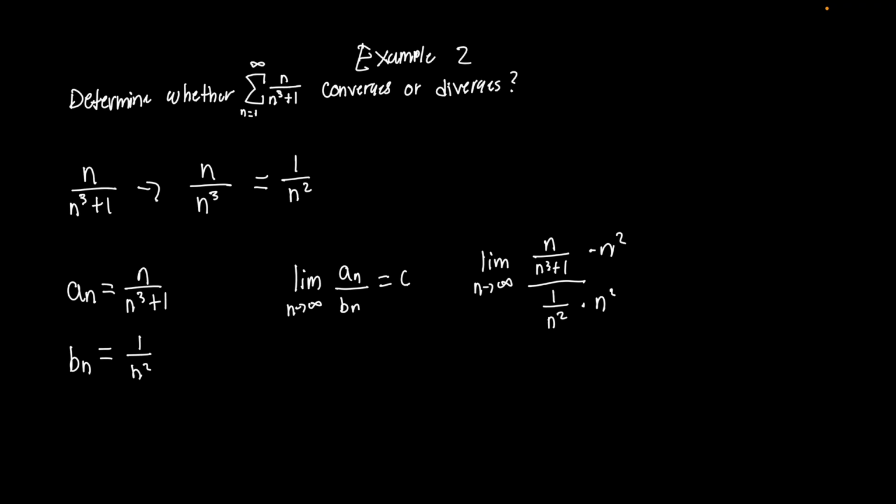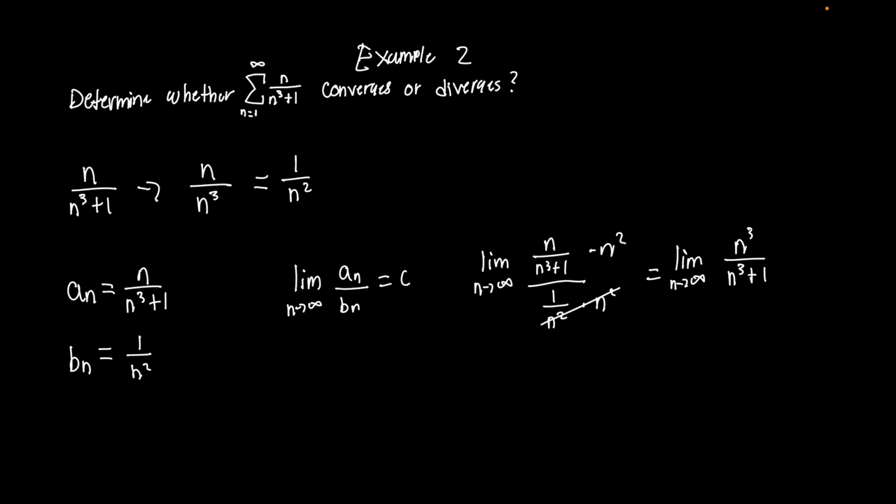So in this case, we just multiply by n squared. We cancel this out, right? So this becomes the limit as n approaches infinity of, well, n squared times n is just n cubed. So it's n cubed over n cubed plus 1.